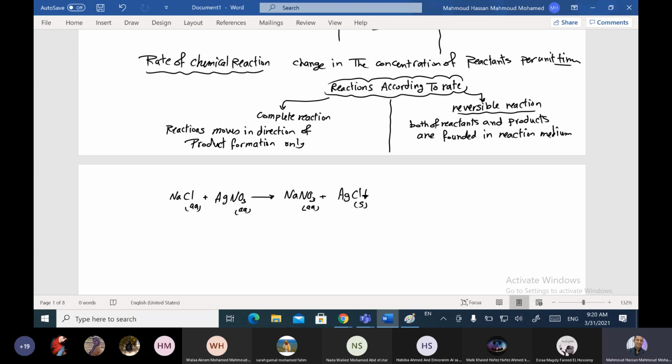Like the decomposition of calcium carbonate by the effect of heat, which gives us calcium oxide and carbon dioxide gas. We can't return the calcium oxide into calcium carbonate again, since it is a complete reaction.